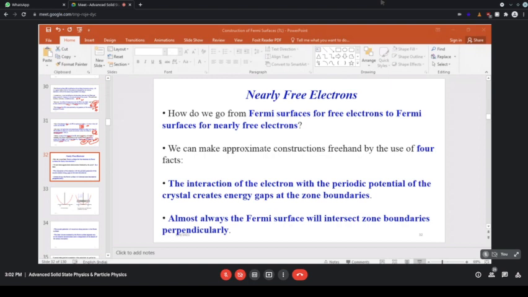In the last lecture we learned about what is Fermi surface, how to draw Fermi surface, and especially for free electrons. Free electrons means if there is no interaction between the electron and the lattice, then we consider that the electron is free.